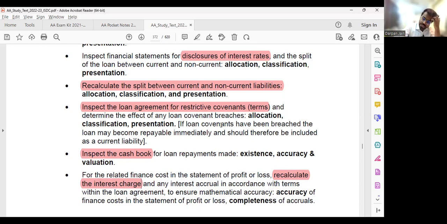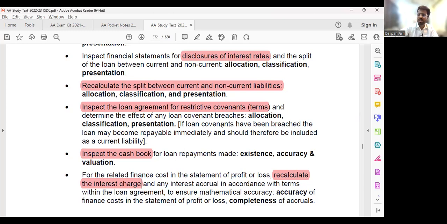So recalculate the interest charge and see whether that matches the interest recorded in the financial statements, and see if there is any interest which has been accrued but not paid. Correct? You will calculate the interest amount and see whether the entire amount of interest has been paid or not.